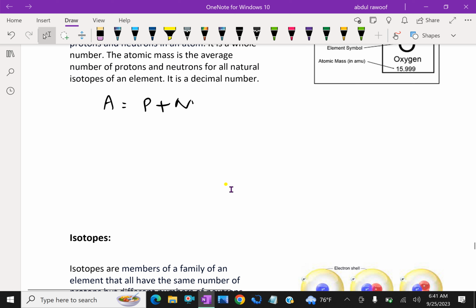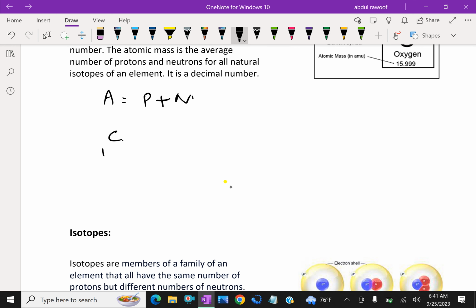For example, an atom has 17 protons and 18 neutrons in its nucleus. Obviously, the mass number of chlorine, suppose chlorine has 17 protons and 18 neutrons, so 17 plus 18 gives 35. This is a chlorine atom.